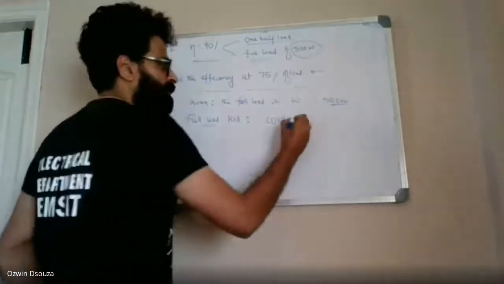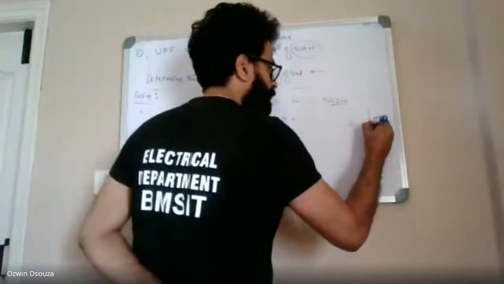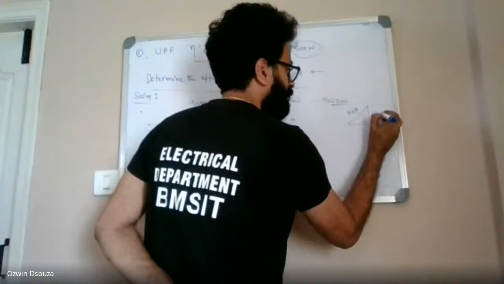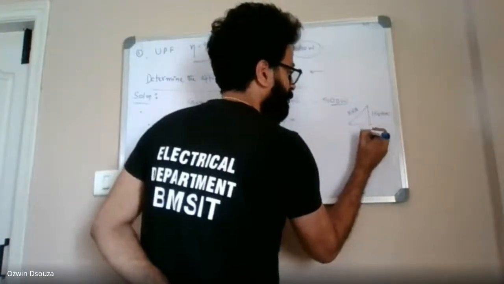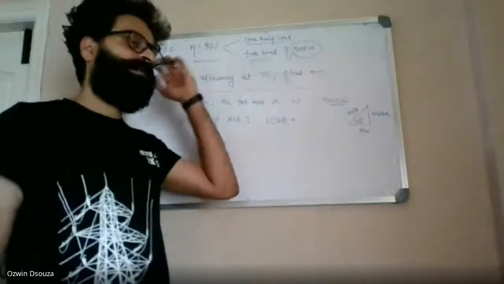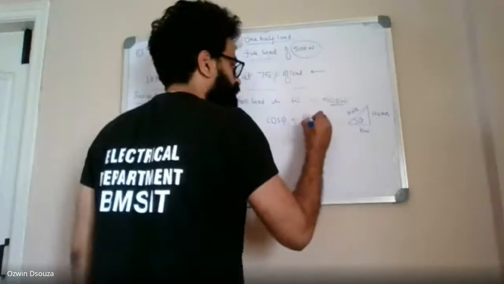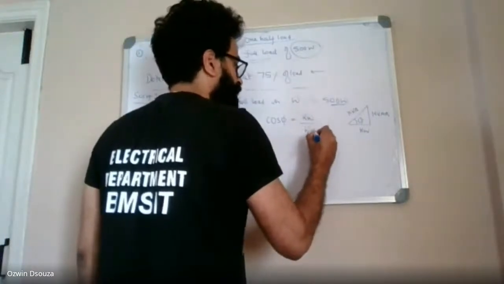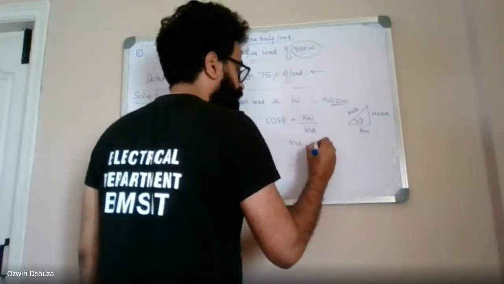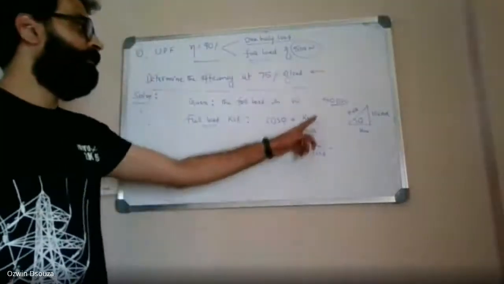Full load kVA can be found by making use of cos phi. That's your power triangle if you recall. This is your kVA, kVAR, and kilowatt, and this is your phi. So find out the cosine angle, cos phi, that is adjacent by hypotenuse, so kilowatt by kVA. Therefore, kVA is equal to kilowatt divided by cos phi. How many kilowatts?